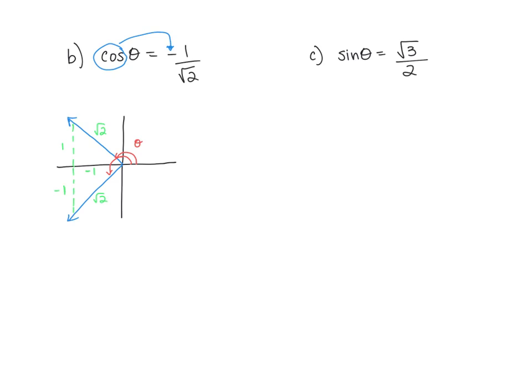And now I'm going to use my knowledge of special triangles, and I know my special triangle where I have an adjacent side of a negative 1 over my hypotenuse, which is root 2, is going to be my pi by 4 triangle. So my related acute angle is pi by 4.